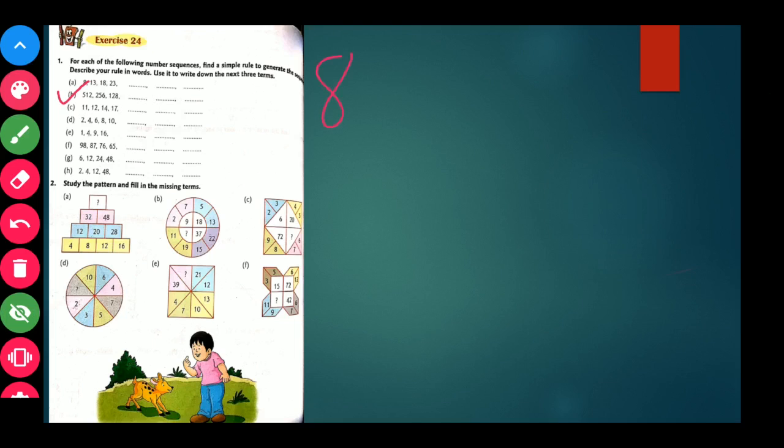When we add 5, we get 13. Similarly, in 13, what we add to get 18? Here also, when you add 5, you get 18. It means here in each term 5 is added.